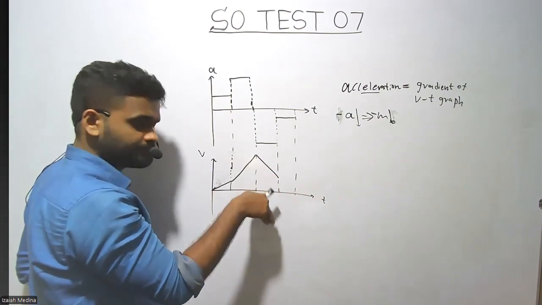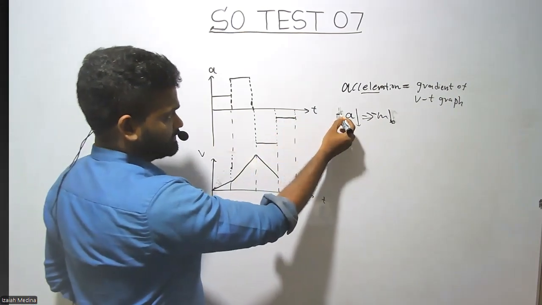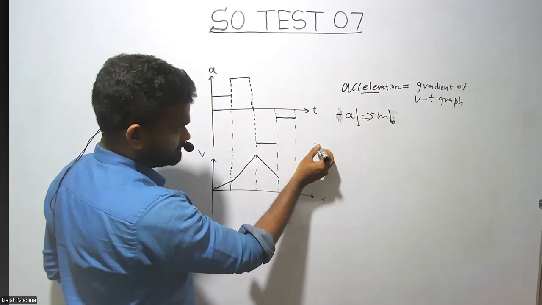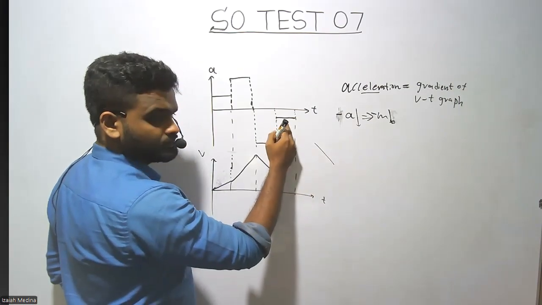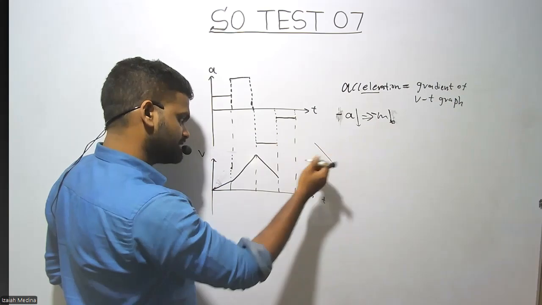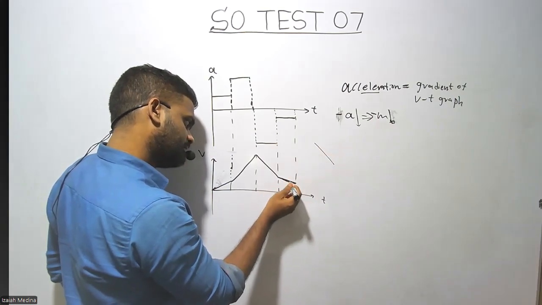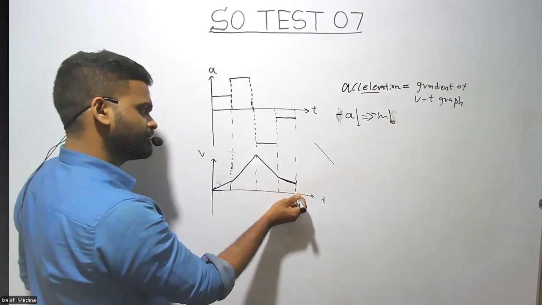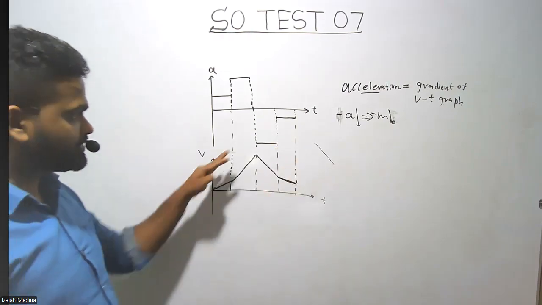Slope is higher. Then this is negative acceleration, meaning the slope should be like this, but it is a lesser value. So the slope is less. Right? So the shape should be like this.